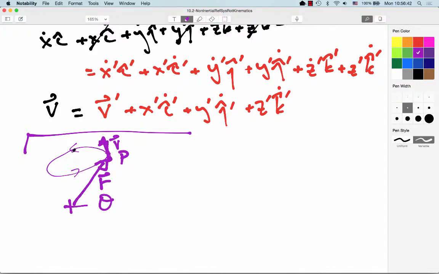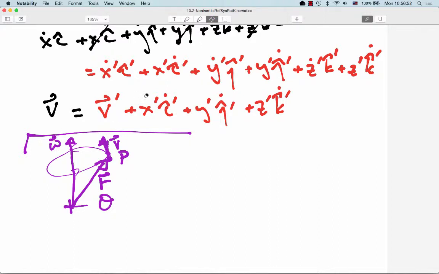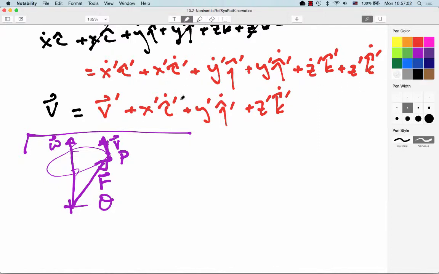So our omega would be pointing straight up like so. Alright, so our omega would be pointing straight up like that.